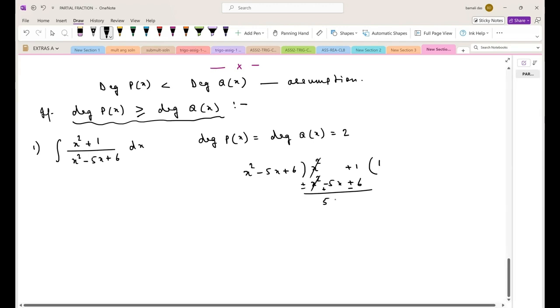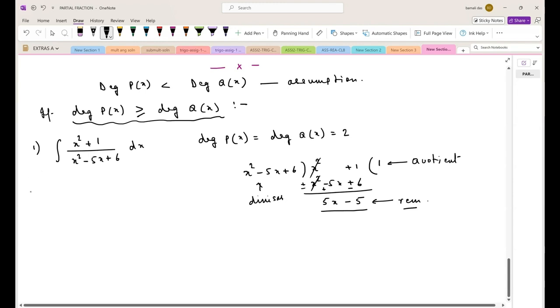So you have 5x plus 1 minus 6, that is 5x minus 5. Now you see this is the remainder. Why? Because degree of this is 1, whereas divisor has a degree 2. So this is my remainder. This is my quotient. And of course this is my divisor.